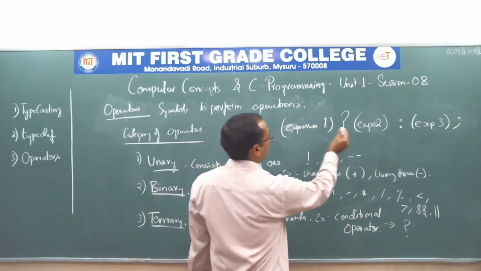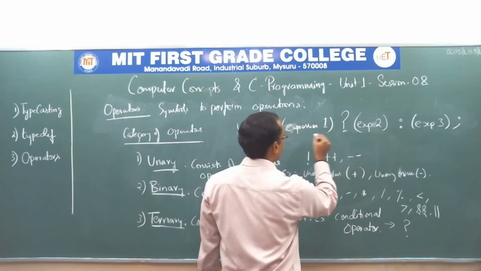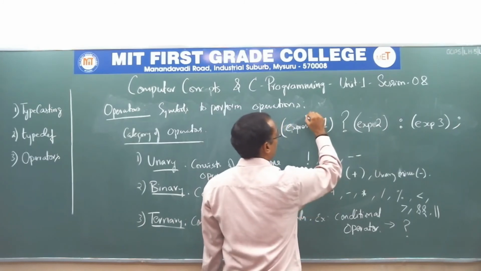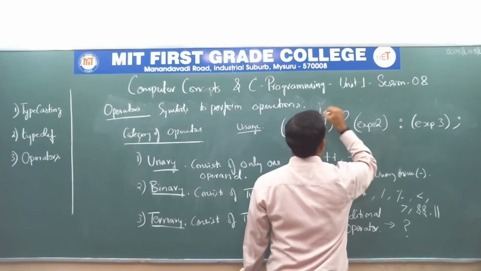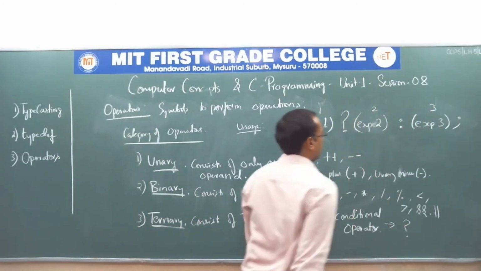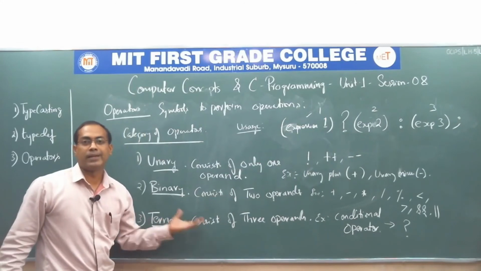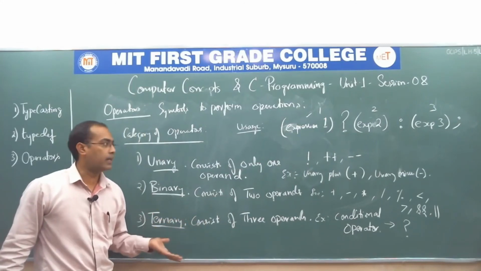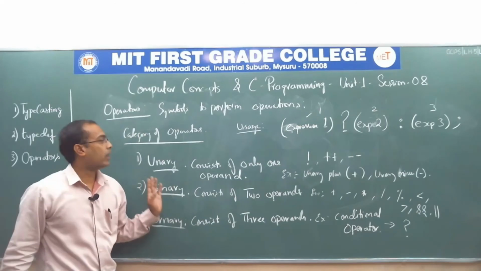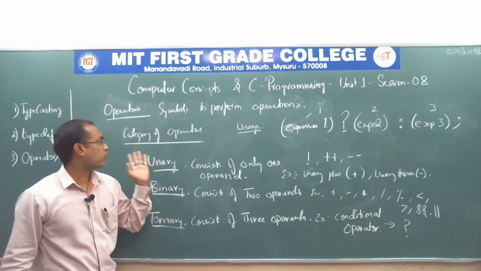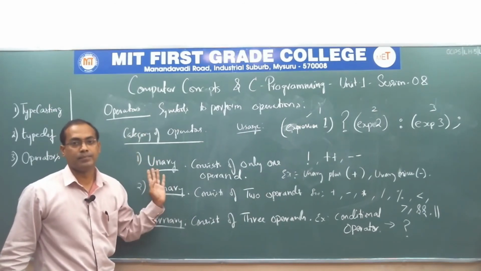So how many expressions are there here? 3 expressions are there, which we call operand 1, operand 2 and operand 3. Since there are 3 operands, we call the conditional operator an example of a ternary operator. I hope you have understood the categories of operators in C.